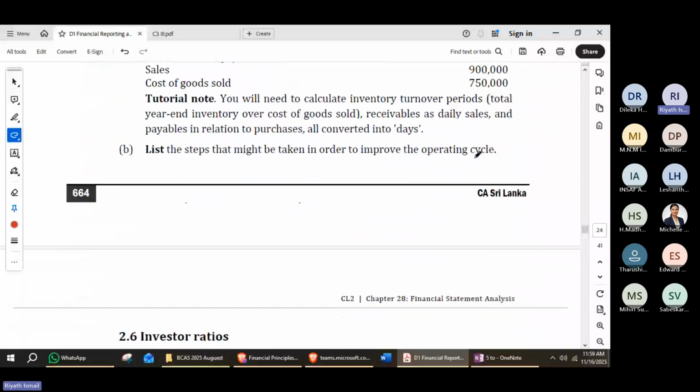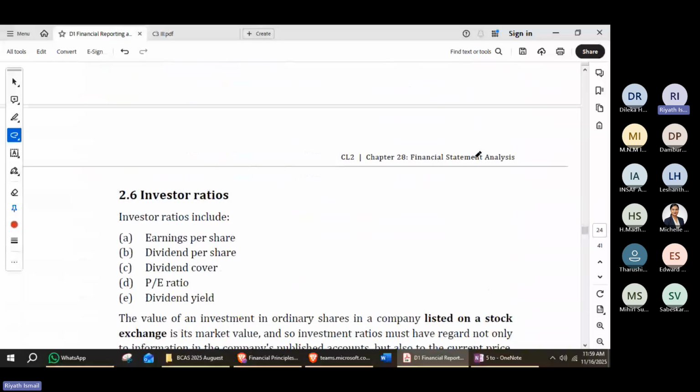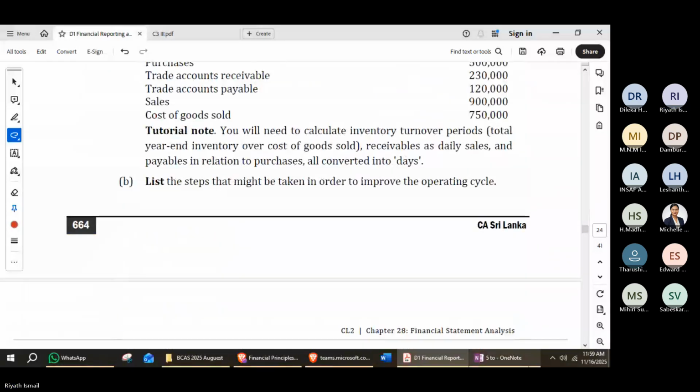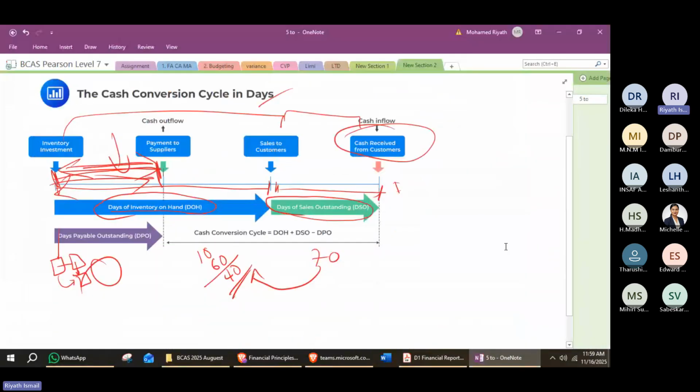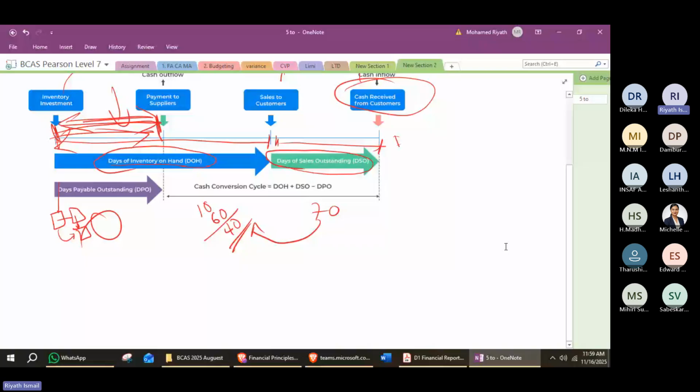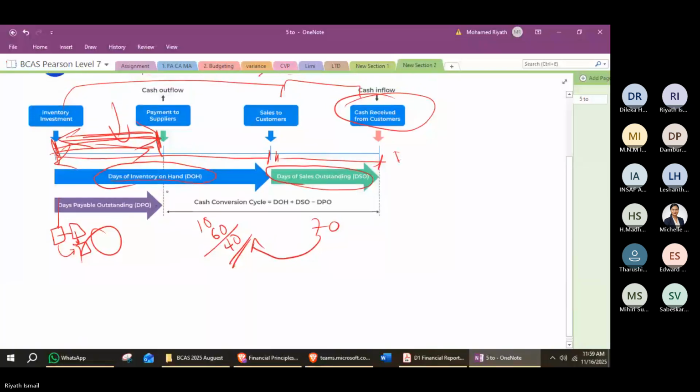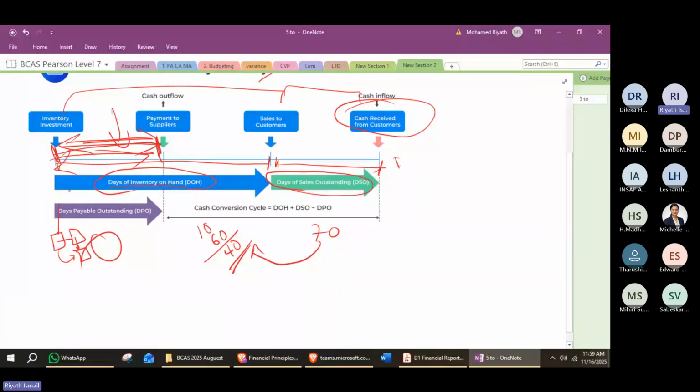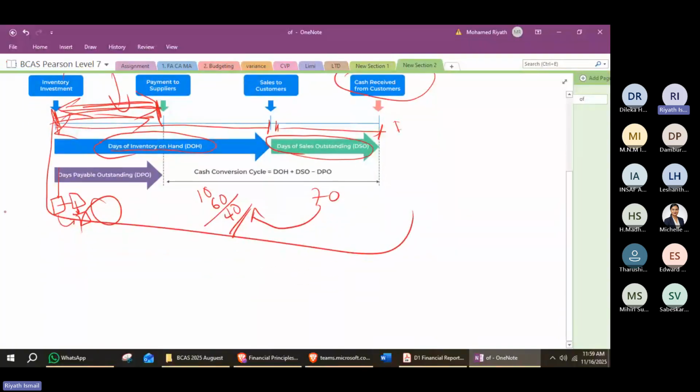Operating cycle means, for example, how do we calculate the operating cycle? Yeah, the cash conversion cycle, right? This is called the operating cycle, the cash conversion cycle.